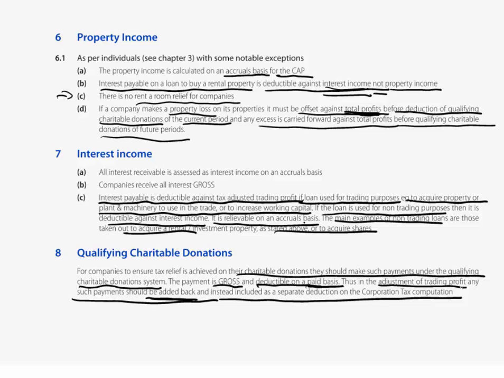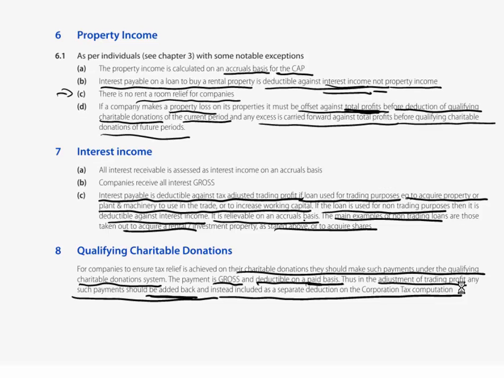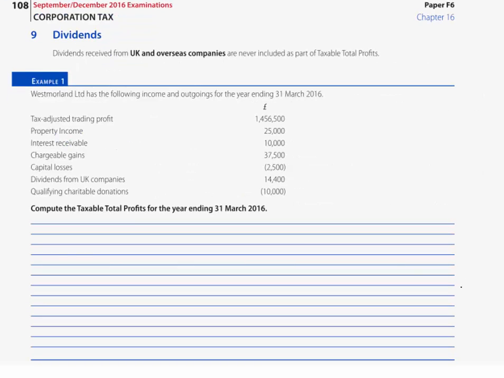So add back in the adjustment of the trading profit and deduct them instead as qualifying charitable donations. Where are they deducted? They're deducted from total profits in deriving taxable total profit.